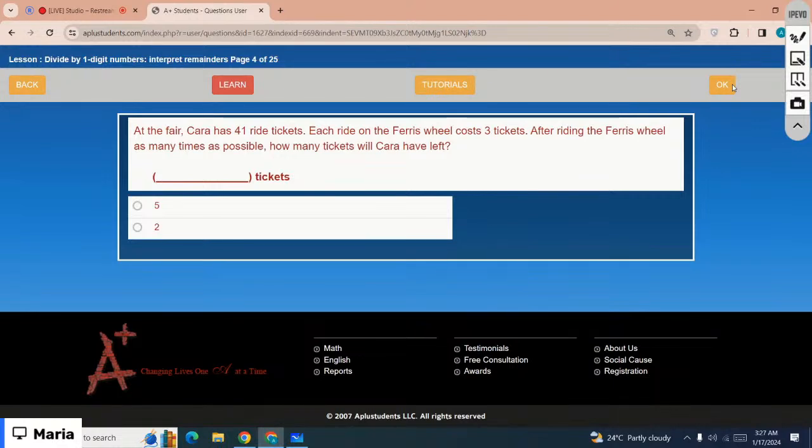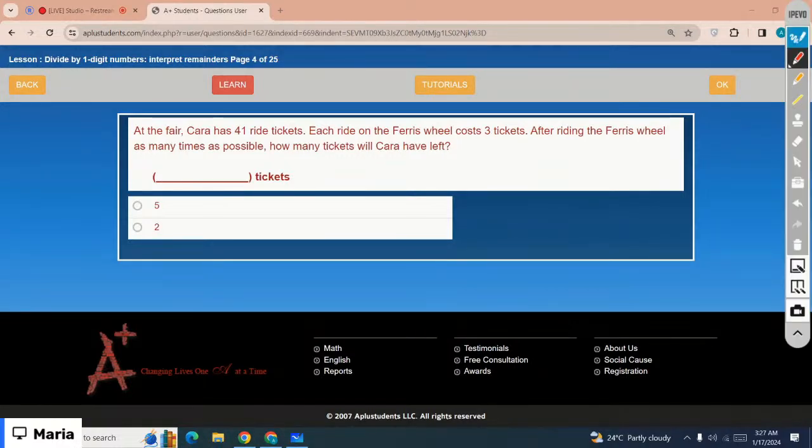Divide and see the remainder. Okay, let's just divide 41 by 3.